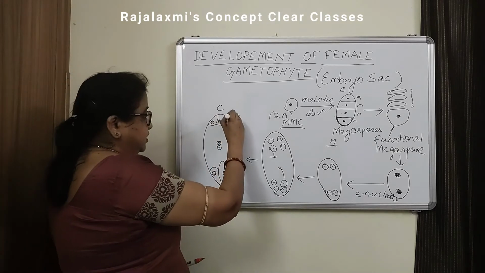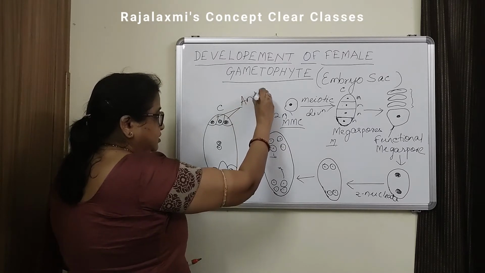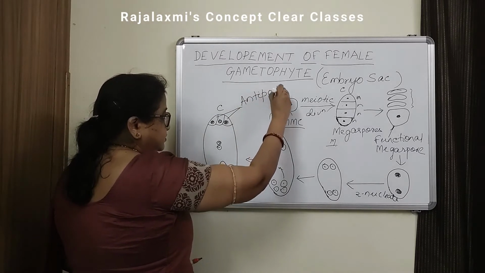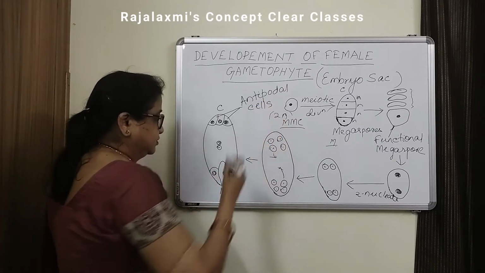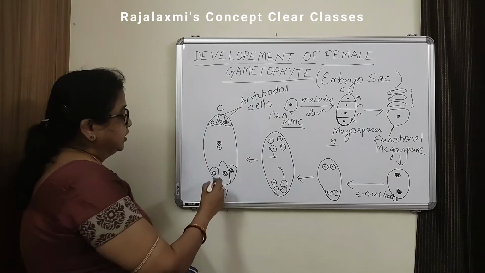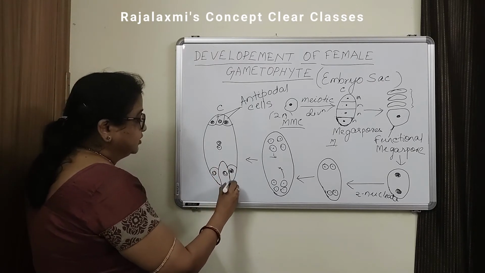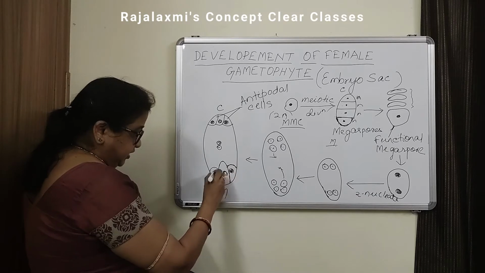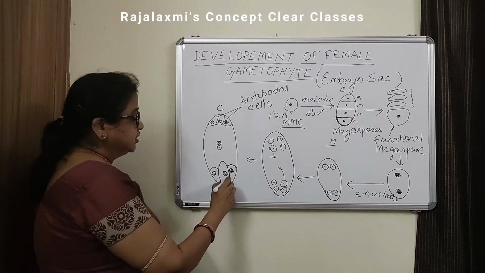These 3 cells are known as antipodal cells. And of these 3, two cells are similar and small and one is larger.